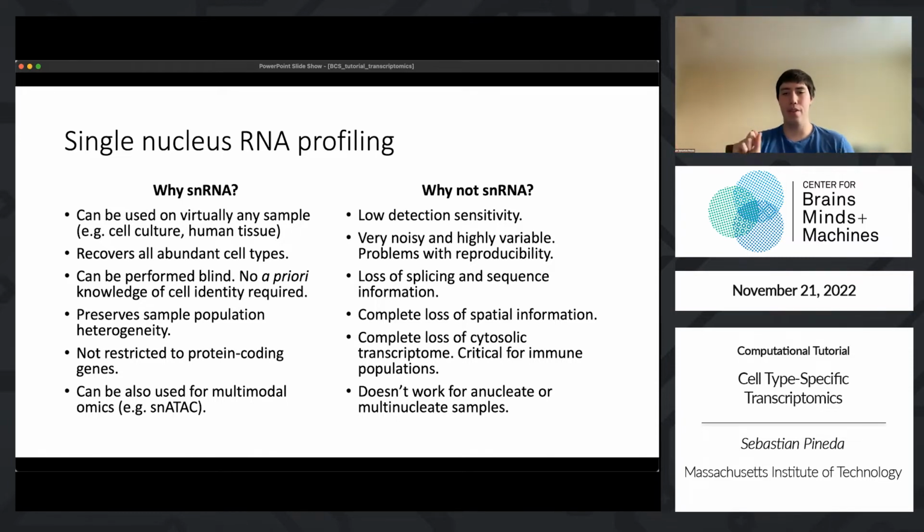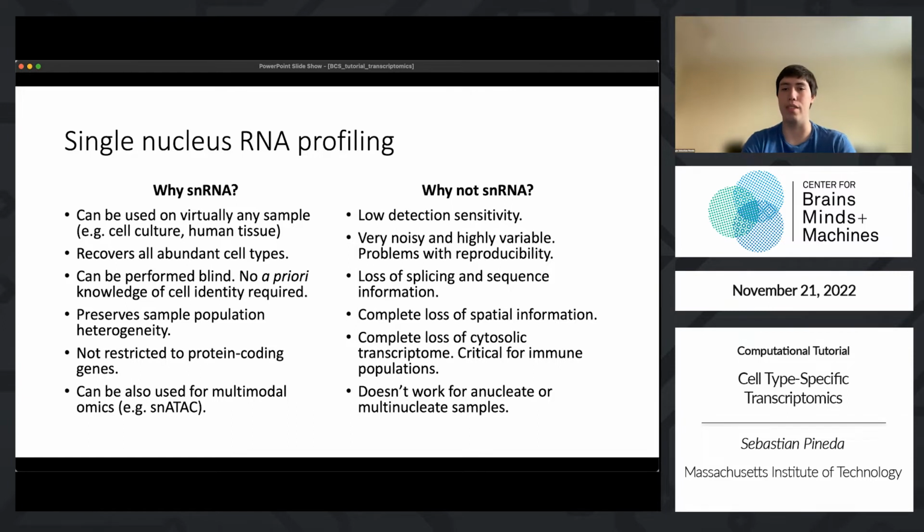Of course, this doesn't really apply to brain much, but you can't use it in samples that have cells with no nuclei or multiple nuclei, because then you have no way of either getting anything or keeping the nuclei that belong together. So even though we're talking about brain here, even when we profile other organs, the single nucleus approach is more popular because it does deliver cleaner data.